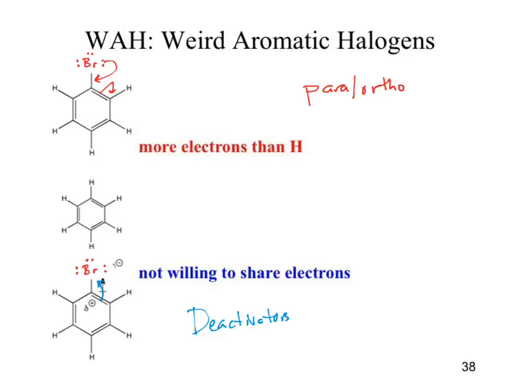It is more of a deactivator than an activator, but it still directs to the para and ortho positions. Why? Just because? The hand-wavy argument that you can come up with is that it has lone pairs and an sp3 hybrid orbital that kind of overlaps with the pi system. Because those electrons overlap with the pi system, it builds slightly more electron density at the para and ortho positions.